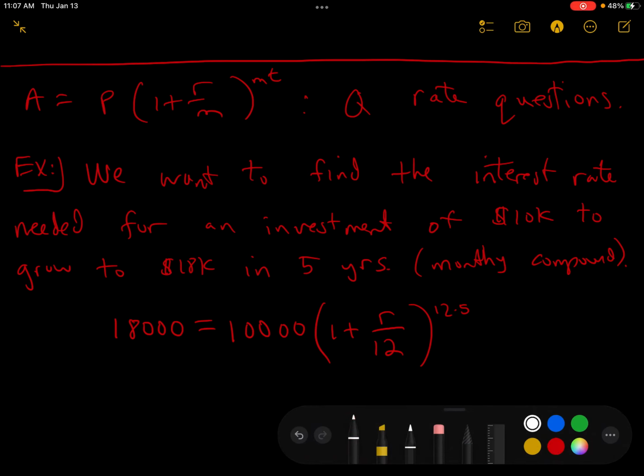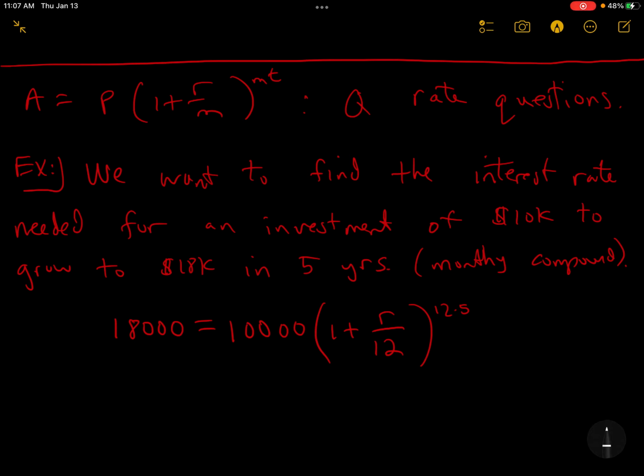So the first thing we're going to do is do some dividing here. So these zeros cancel. And what's 18 over 10? It is 9/5. So I have 9/5 equals (1 plus R over 12) to the 60. Okay, so how do we get that 60 to come out from the exponent there?